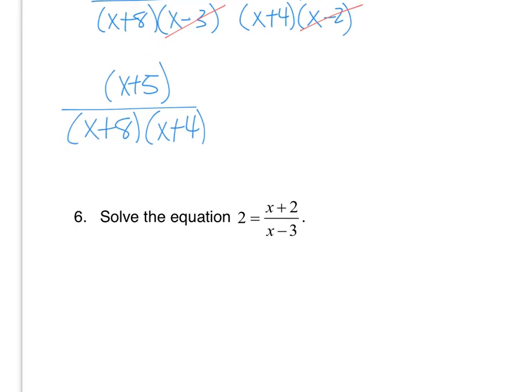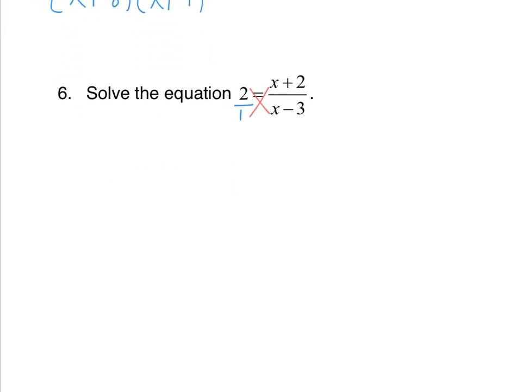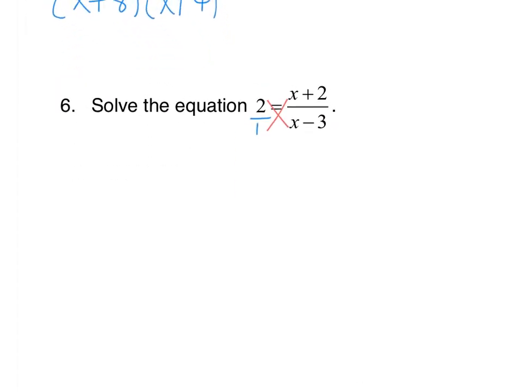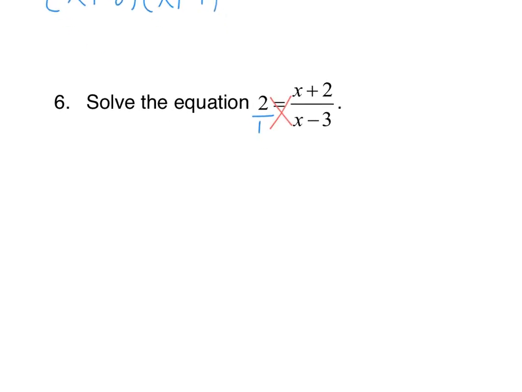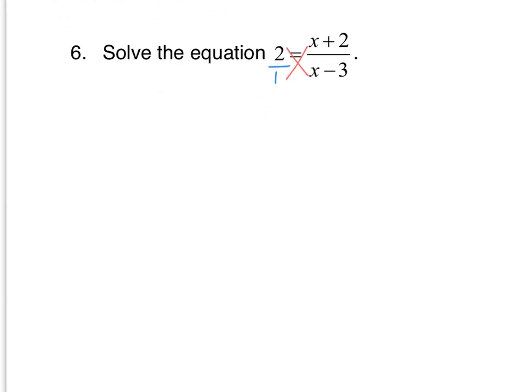Next one, solve. So this is a nice easy one with a whole number. So we are just going to cross multiply. And the x plus 2 stays exactly the same.